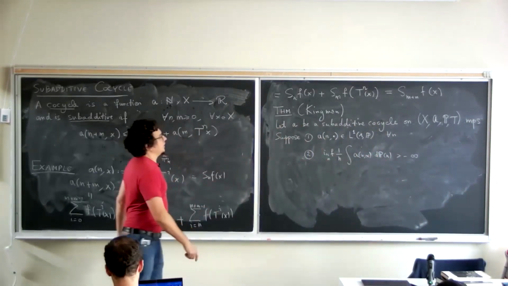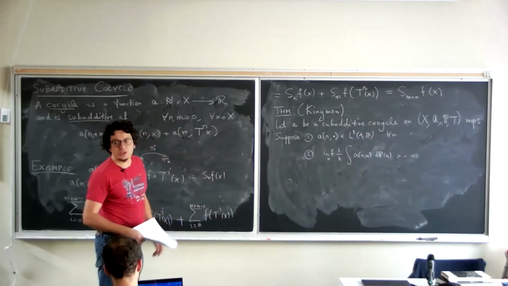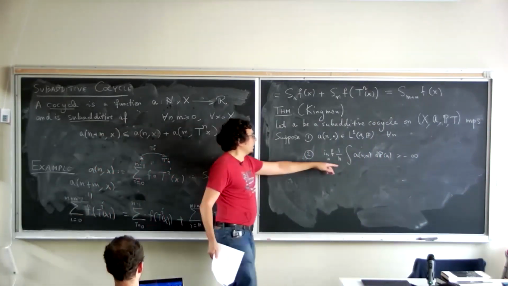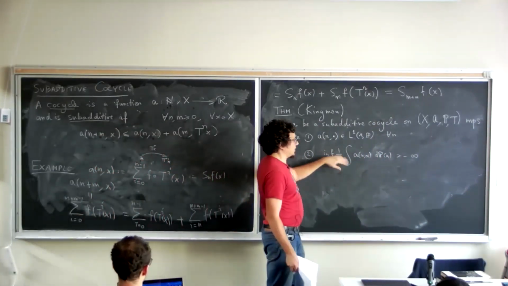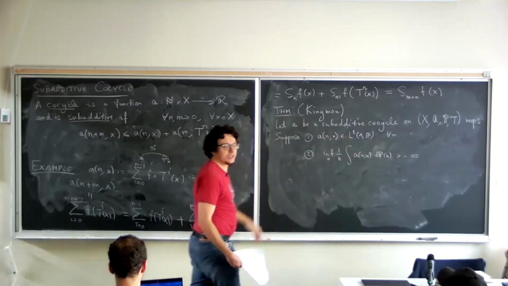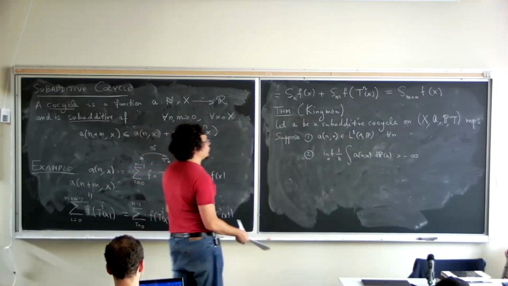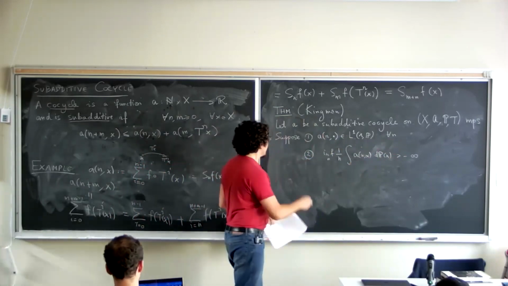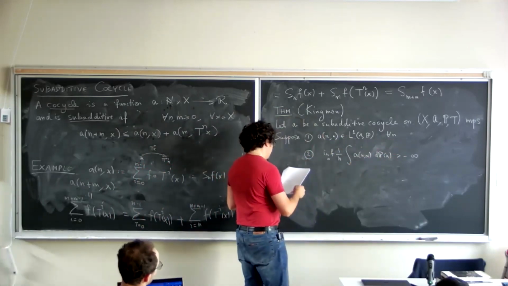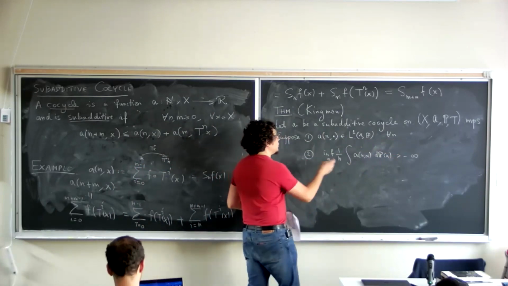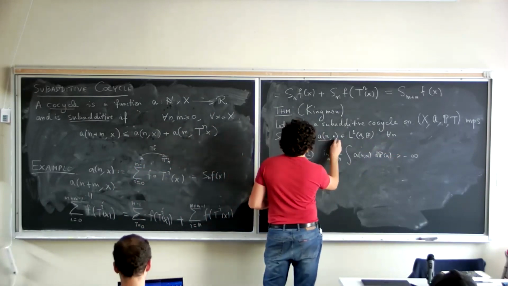In practice, most of the cocycles that we're going to study are positive valued, so this is going to be trivially true. This is just to avoid that the average goes to negative infinity. These are the only two conditions, so basically just an integrability condition.